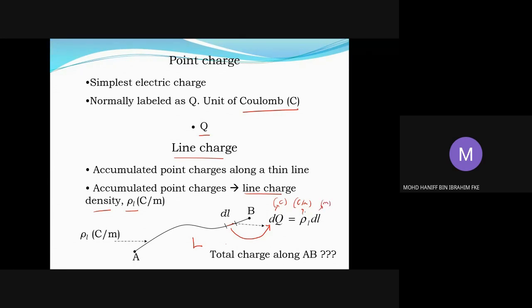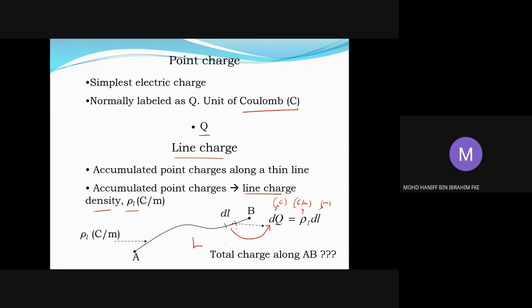So when we multiply rho L and dl, we get the charge amount in coulombs. This amount of charge dq is the charge said to be contained in this particular length of dl.